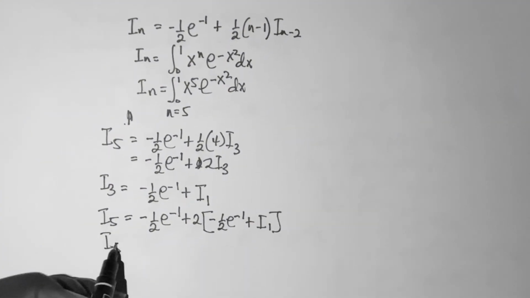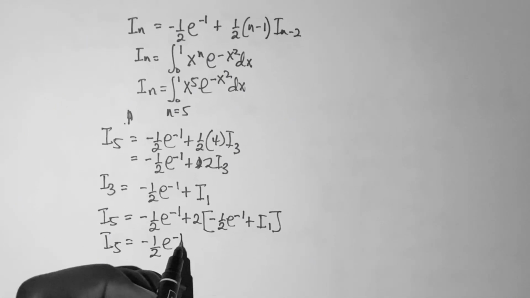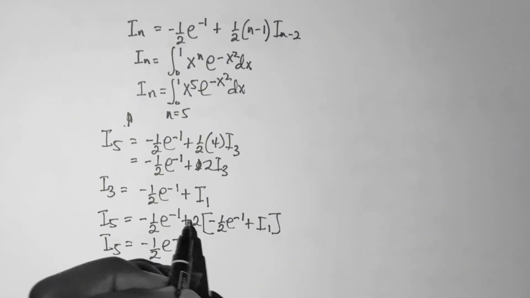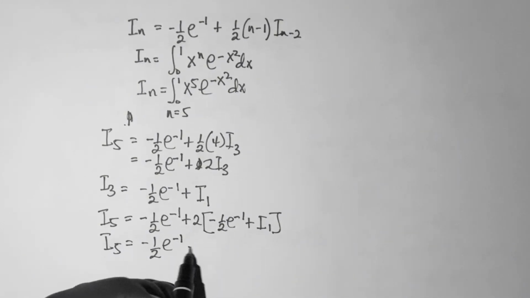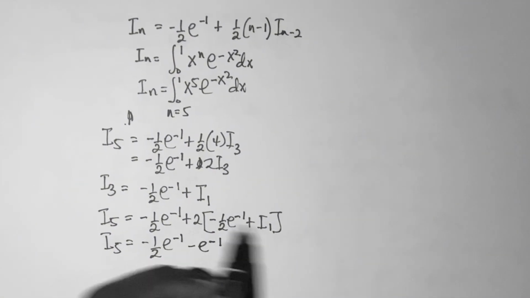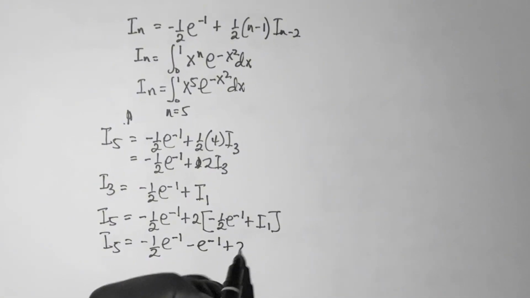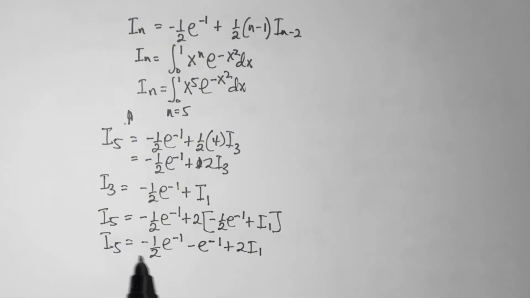I of 5 is equal to minus half of e to the power of minus 1, then 2 times minus 1 over 2 becomes minus e to the power of minus 1. Then 2 times this becomes plus 2 I of 1.